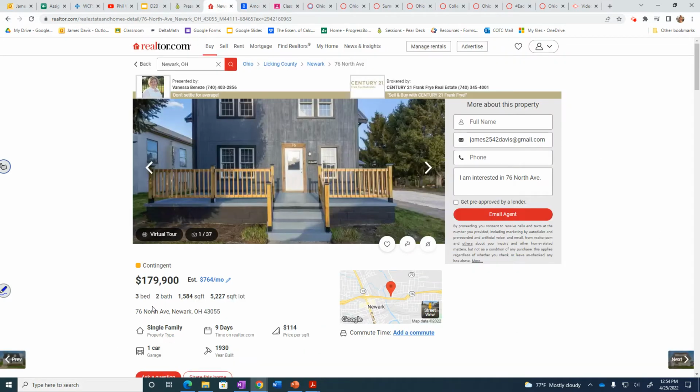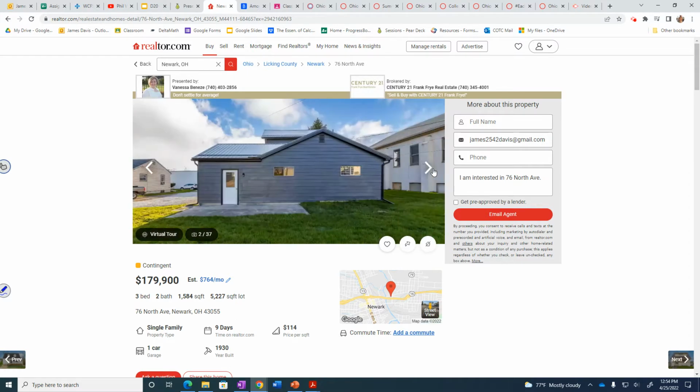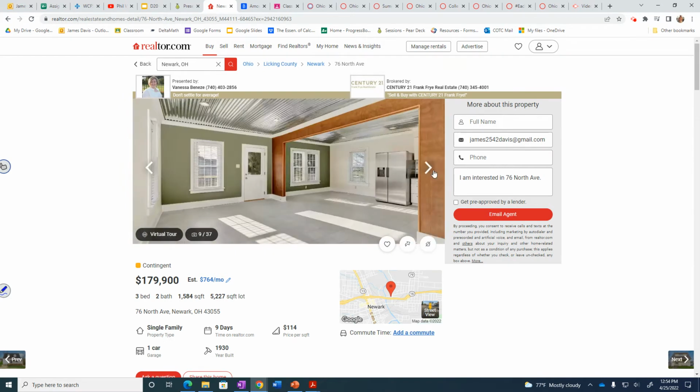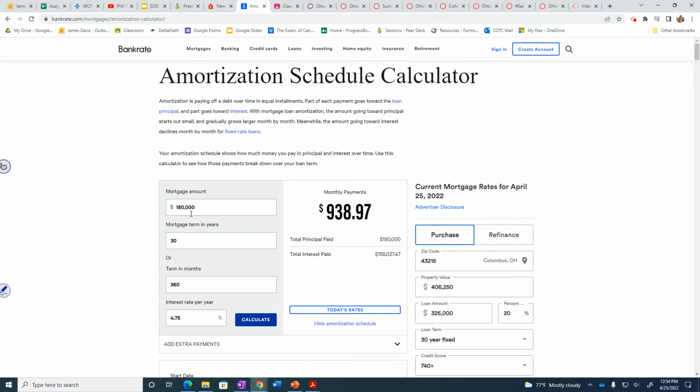Let's say you're going to purchase this house right here. It just went contingent, but it's about $180,000. This would assume no down payment, but you're going to get a loan for $180,000. Nice renovated inside house there.